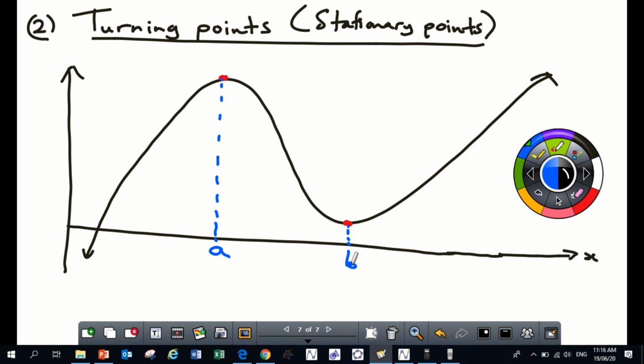Remember here, f prime of x is 0. You can put the value of a where there is x, so you can write f prime of a equal to 0. And here, f prime of b is 0.